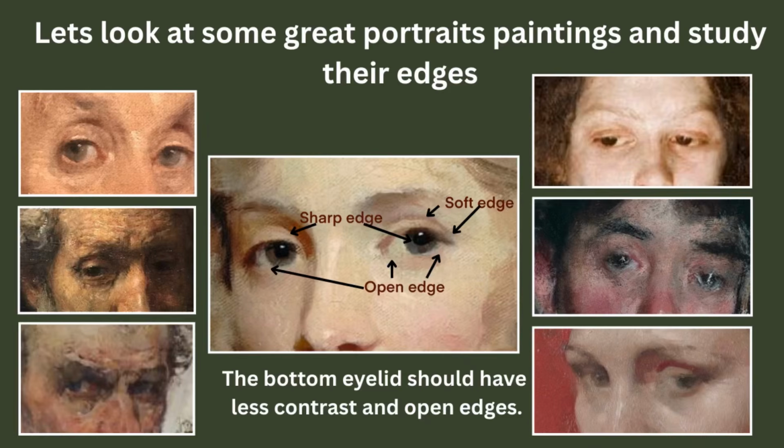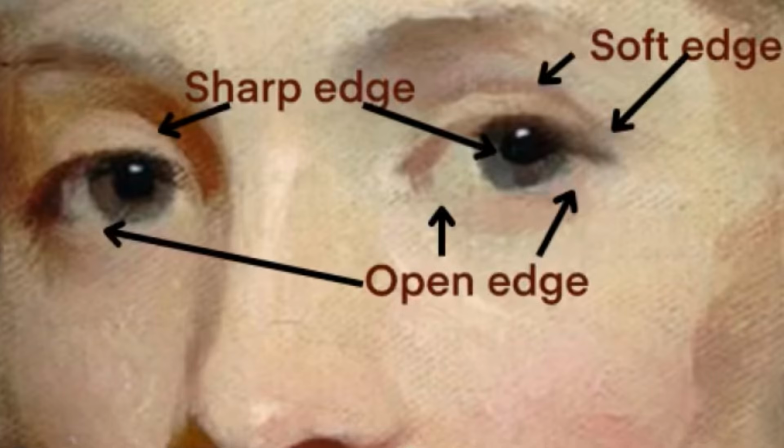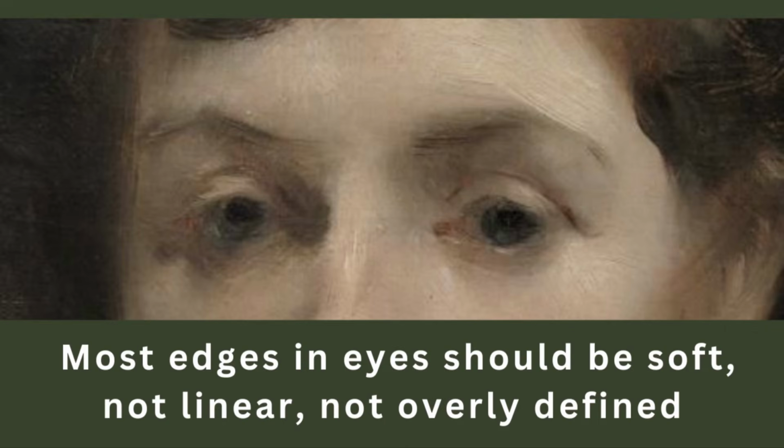Therefore, the edge solutions come from not copying what you see, but reinterpreting edges by designing the dynamic sequential changes of the edges from sharp to soft, from open to closed, to express form, light, depth, and air.